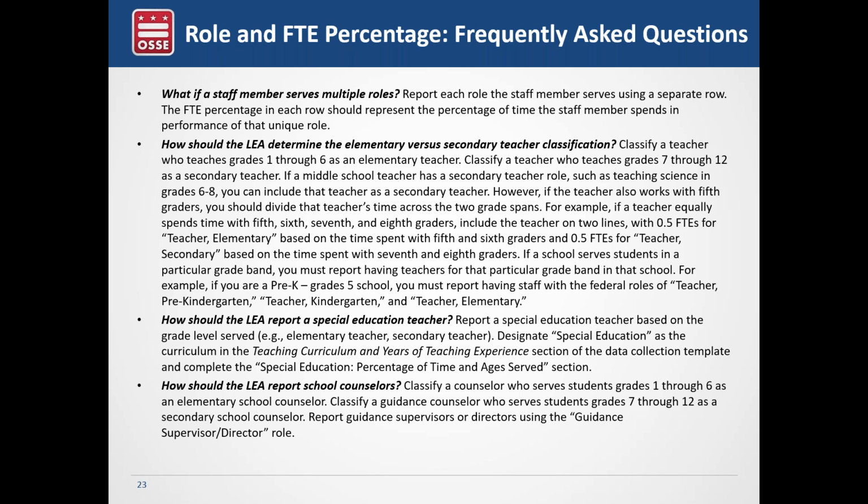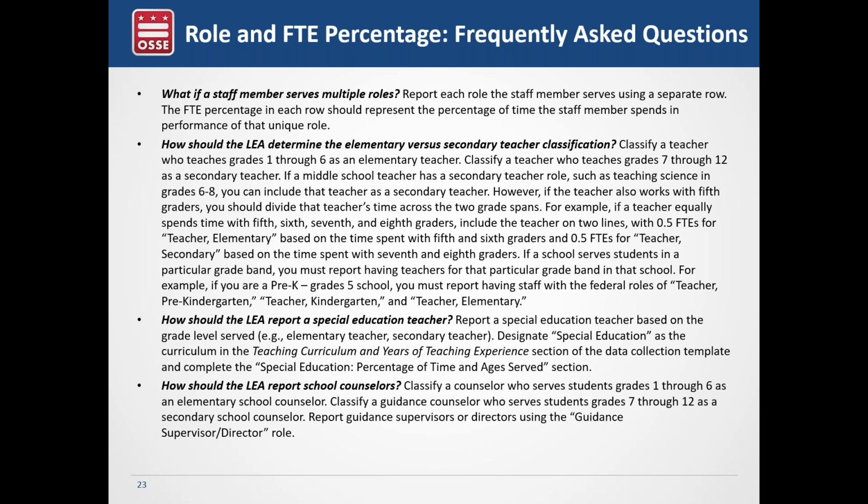And school counselors, similarly, school counselors do get split into elementary and secondary counselors. So if they serve grades 1 through 6, primarily, or even K through 6, you would put an elementary school counselor. There's not a separate designation for a pre-K or a kindergarten counselor the same way that there is for teachers. And if they serve 7 through 12, you could put them as a secondary counselor.